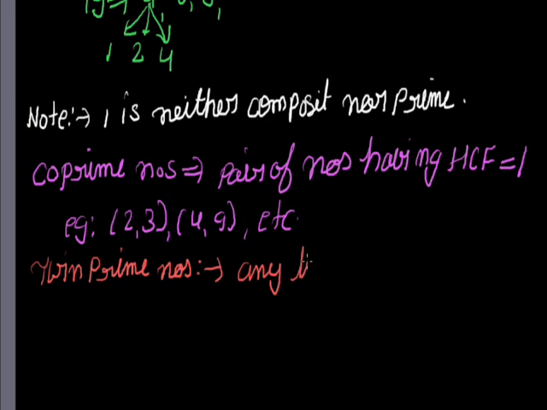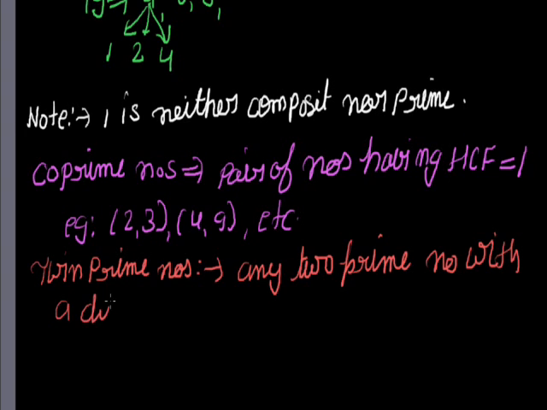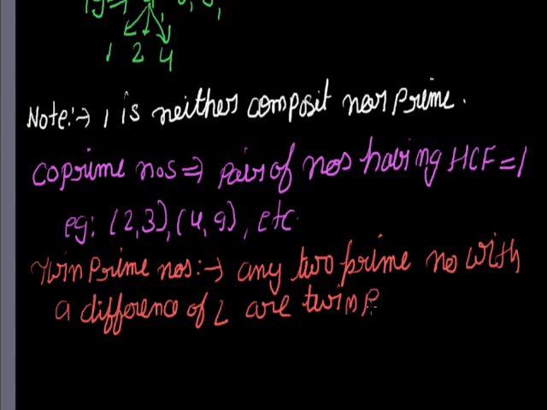Any two prime numbers with a difference of 2 are twin prime numbers.